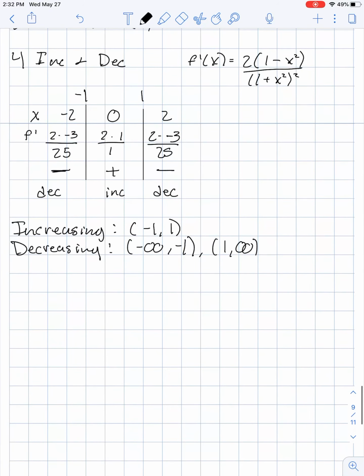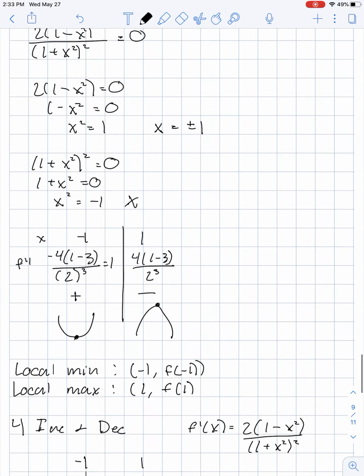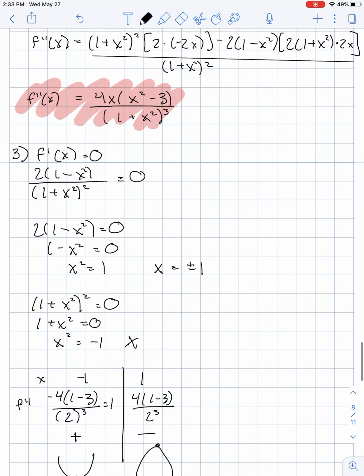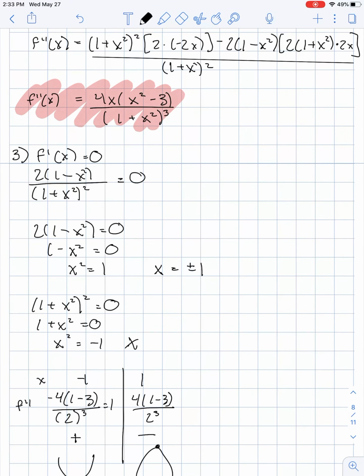Alrighty, so next we need to find our inflection points. So we're going to set the second derivative equal to 0 or undefined. So what is the numerator? Where's my second derivative? 4x, x squared minus 3?